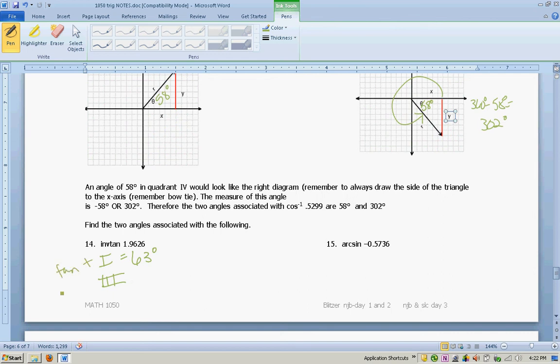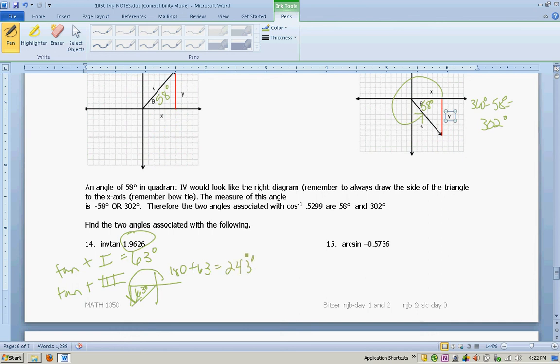Tangent is positive in quadrant 1, and tangent is positive in quadrant 3, and this was a positive value. So the angle in quadrant 3 that I would need would have a reference angle of 63 degrees, and I need to find the measure of that angle, which is 180 plus 63 degrees, which is 243 degrees.